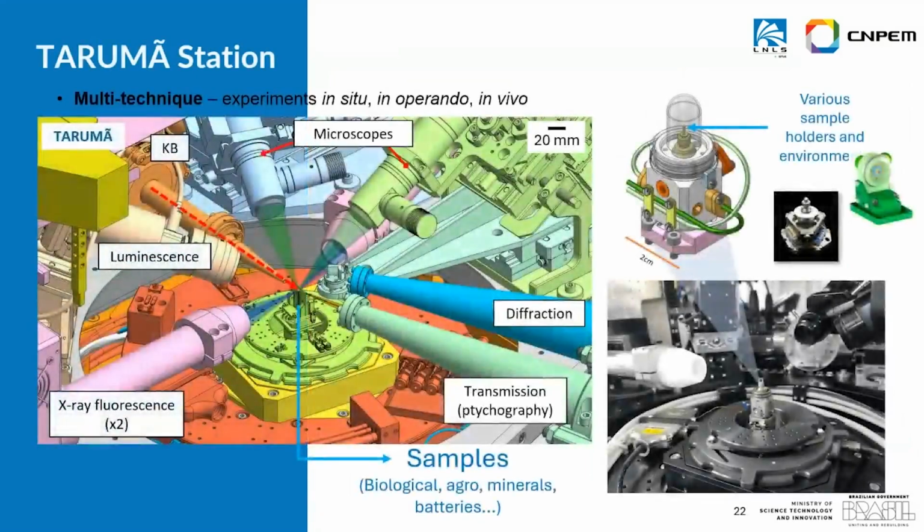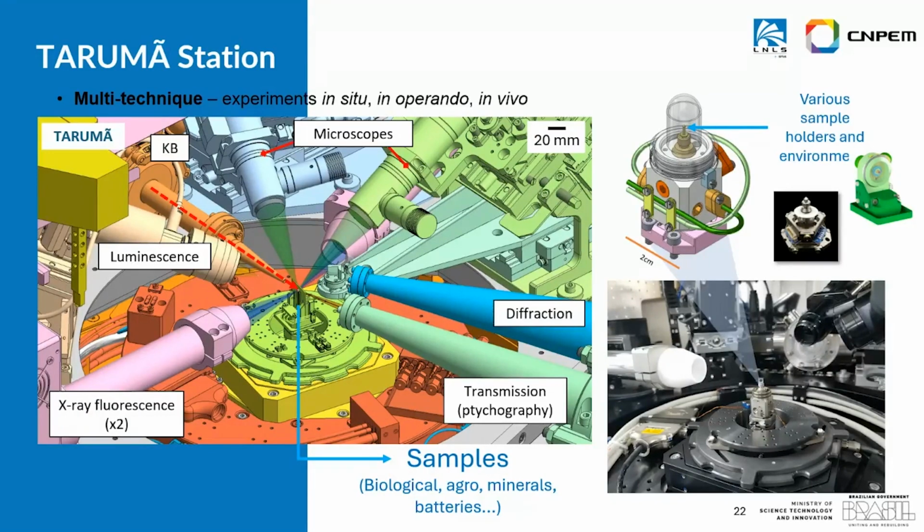Like this example of the Carnaúba station, that is a multi-technique experimental station with nano resolution. It's used to study many materials from many perspectives, like soils, biological samples, rocks, everything that has to be seen with a high resolution.